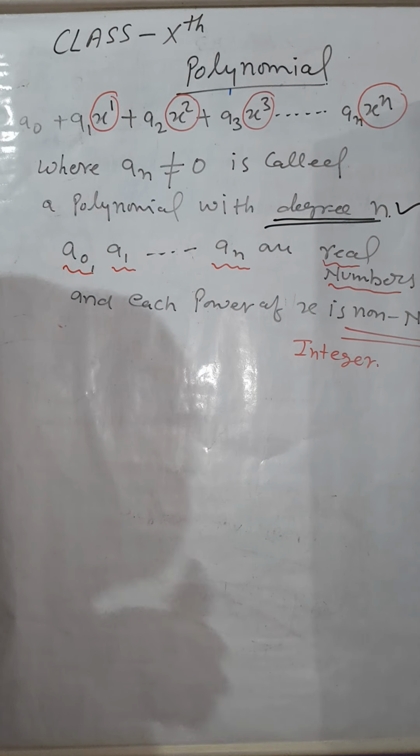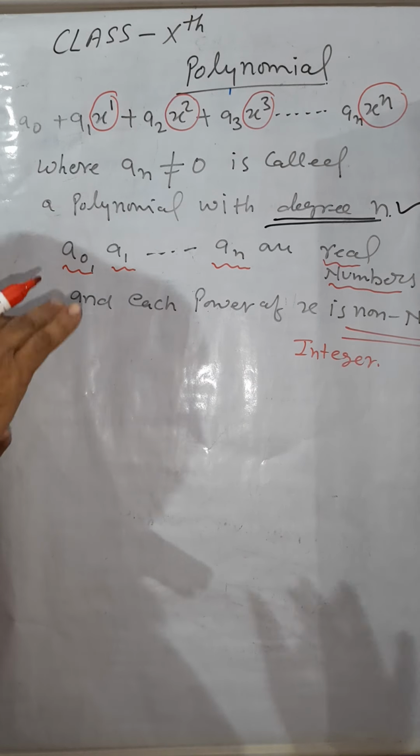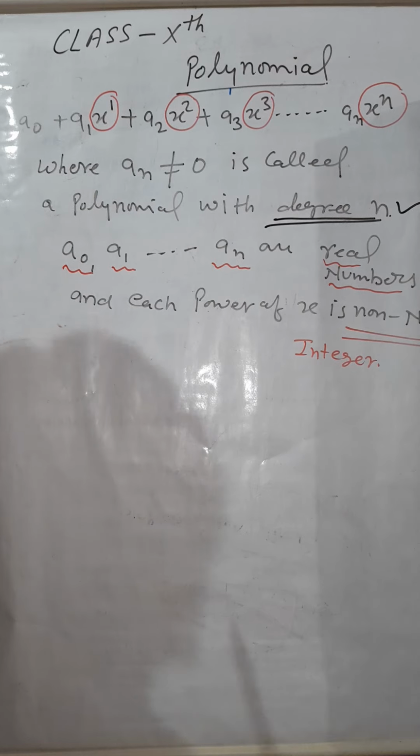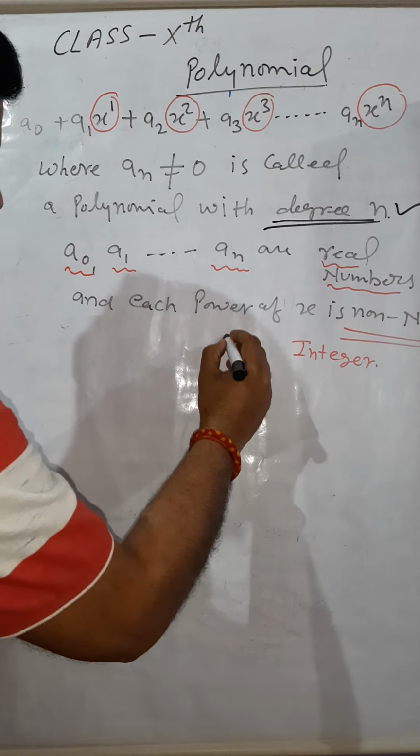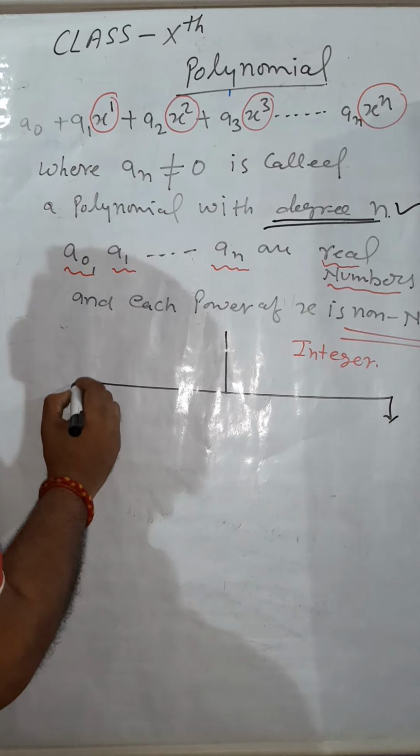Now, the question arises here: what next concept is required for this chapter? If we have any polynomial, then zeros are required.